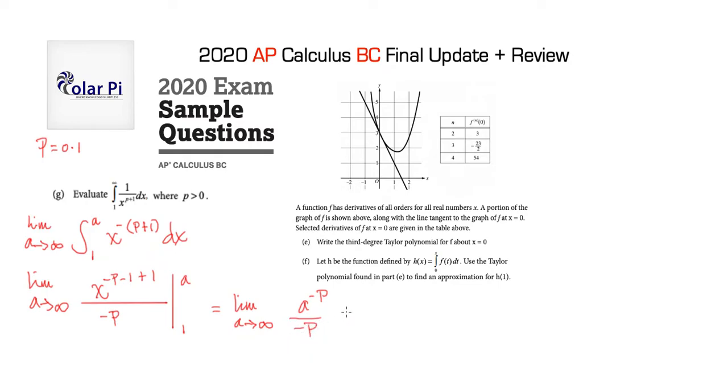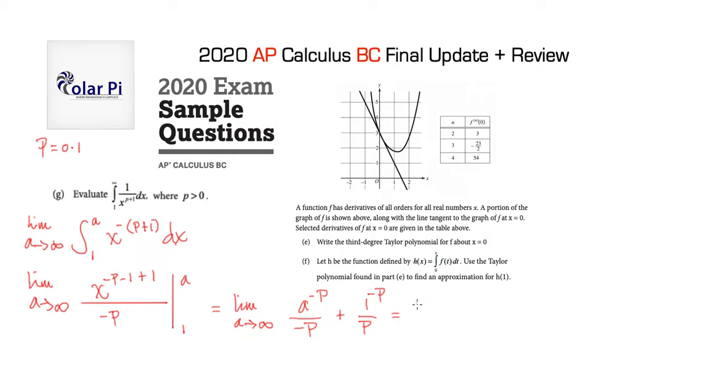Minus p is maybe a very small number, but it's still a negative number because p is greater than 0. Then we'll have minus, but there's a minus p downstairs, so this is really a plus, which means I write just over positive p. And what goes in the numerator is 1 to the minus p.